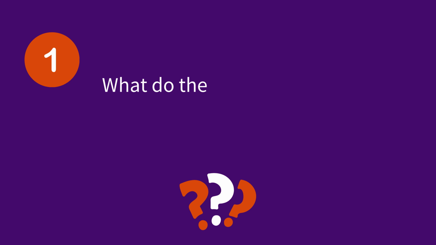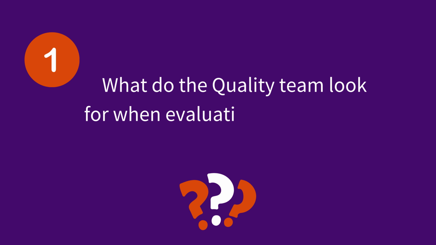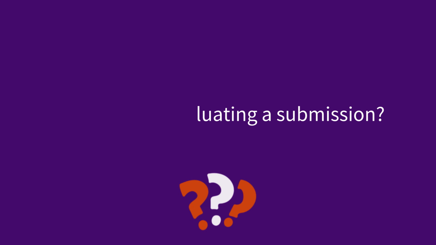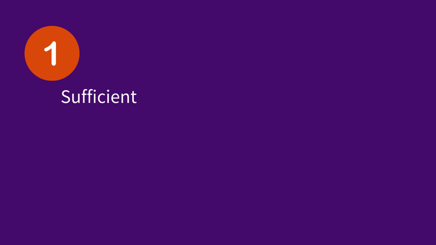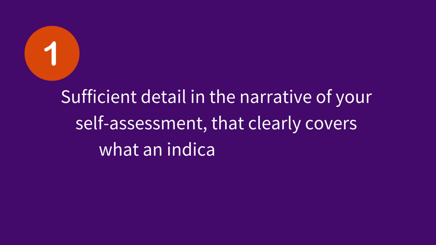So moving on to the first question, Steve, could you tell us what the quality team look for when evaluating a governance and leadership submission? Yes, of course, Yvonne. I think there are 3 main things that we look for in the quality team. The first will be that there's sufficient detail in the narrative of your self-assessment that clearly covers what an indicator is asking for.